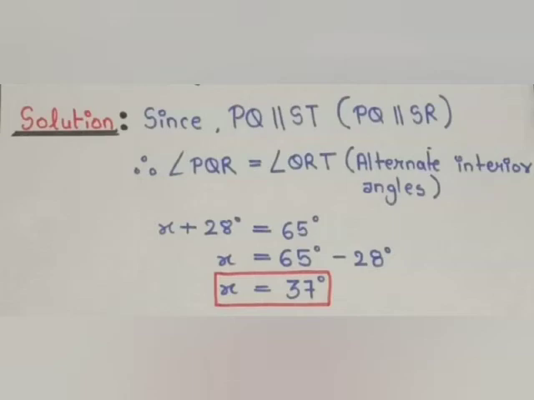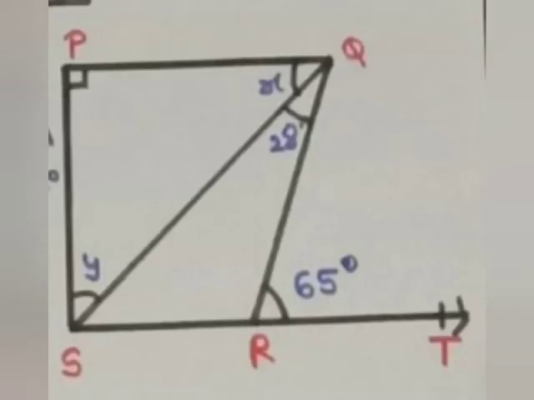Now we will use the angle sum property in triangle PSQ to find the value of Y. See in the figure, remember the figure, in triangle PSQ we have to find the value of Y. So angle P is 90, given, because it is a right angle of 90 degrees.